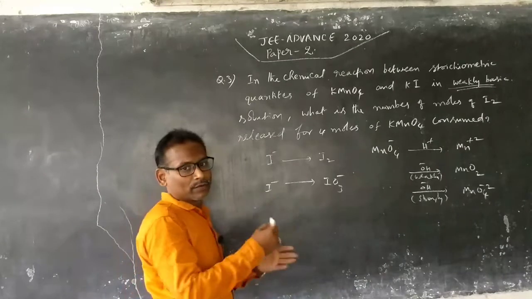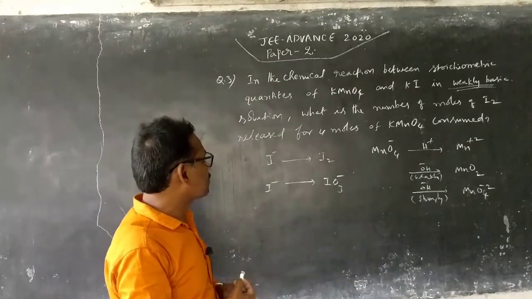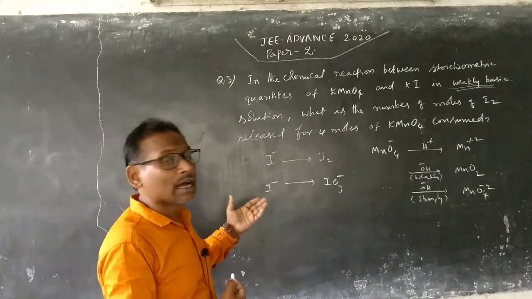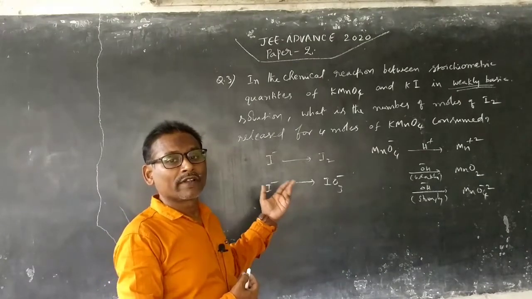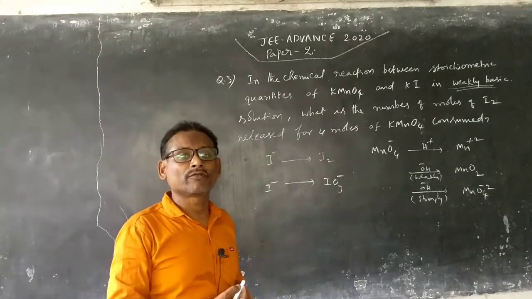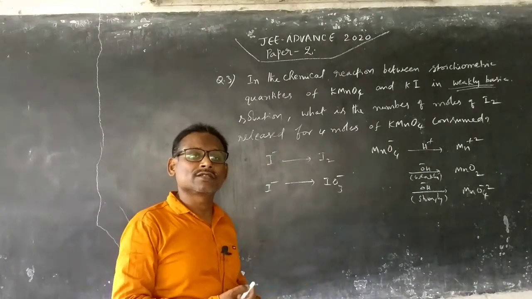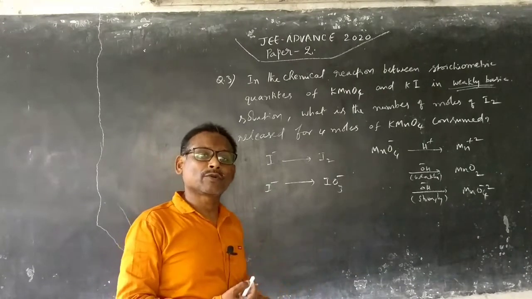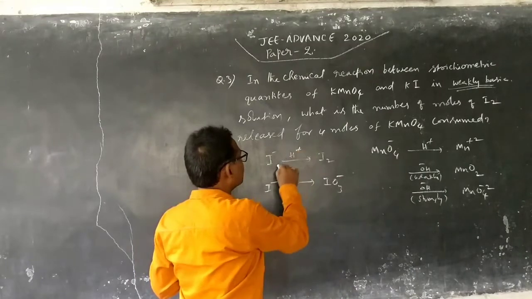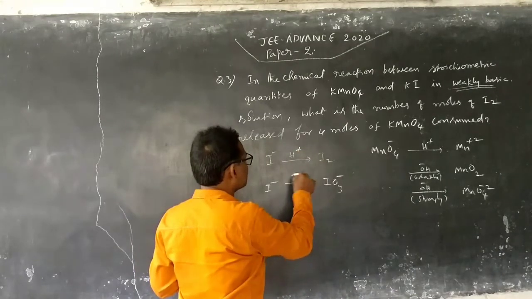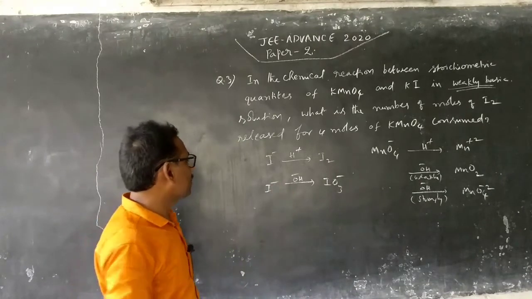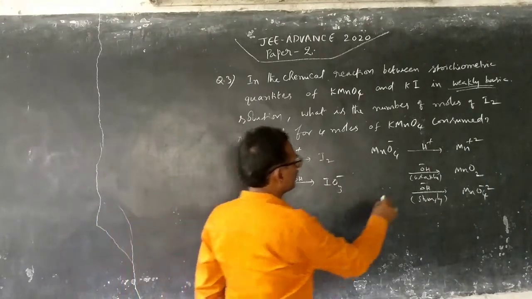We studied in the book, in the d-block elements, the chemistry of KMnO4, where it functions as an oxidizing agent and how it interacts with potassium iodide as per the medium. In acid medium the conversion is like this, but in basic medium it is like this. Based on this data we have to consider this reaction and this reaction.